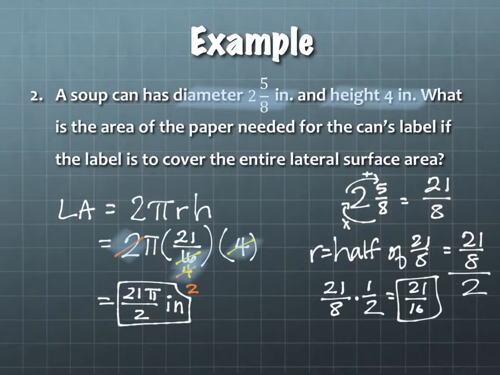And if we do 21 pi over 2, and typically speaking, we'll round to 2 decimal places. We have 32.99. Oh, and I left the square off. I'm sorry. That should have said inches squared. I'll get it in there.